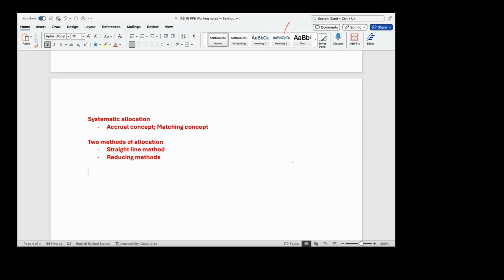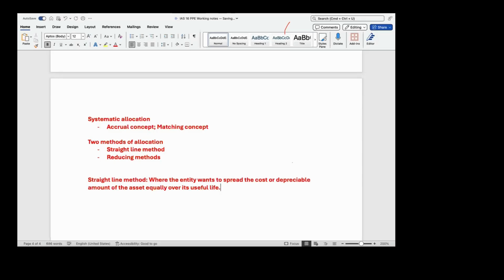For the straight line method, this one is used when you want to spread the cost or depreciable amount of that asset equally over its what?